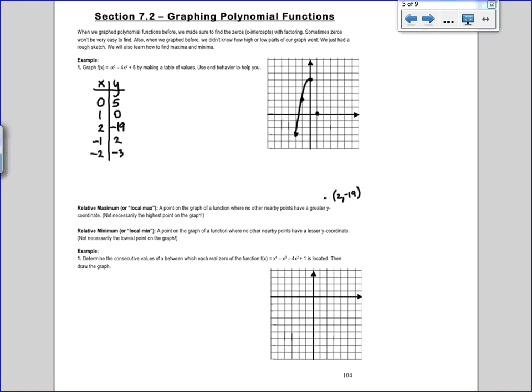That means it had to cross the x-axis somewhere between -1 and -2, because these numbers change from positive to negative. So there's a 0, an x-intercept, between x equals -1 and x equals -2.